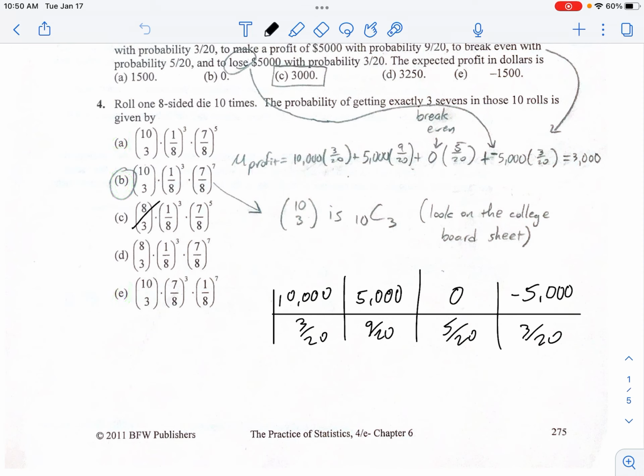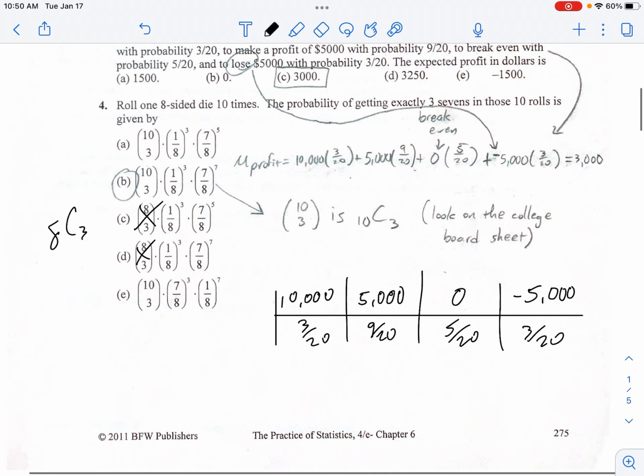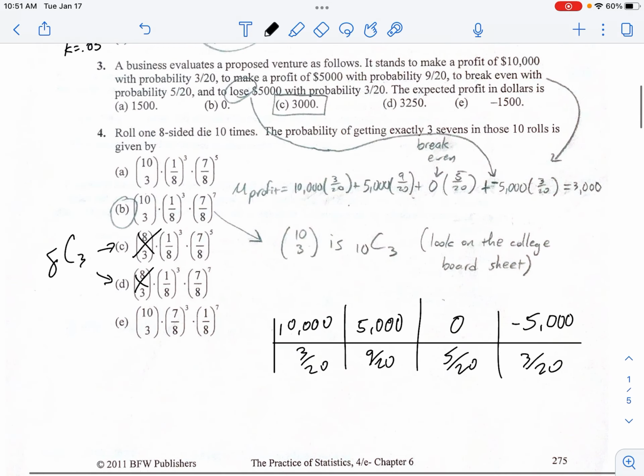So you could cross off these because these would be 8C3. Okay, and it's not that. All right, and it's on the College Board sheet. So that's their notation. I'll show you in a second.